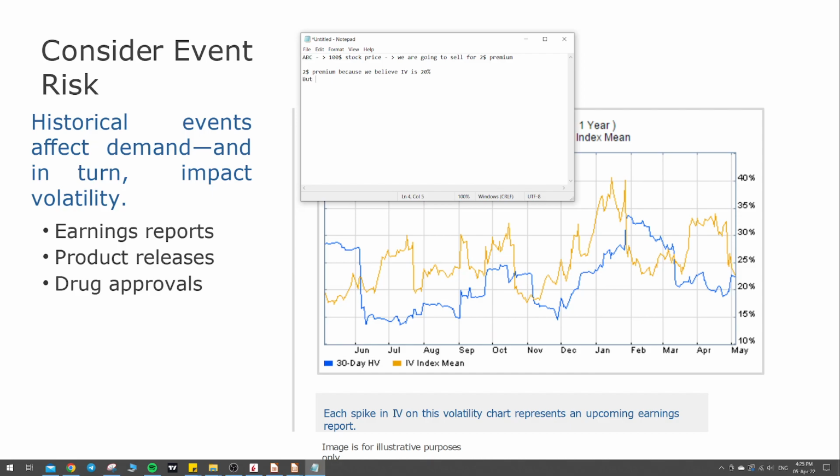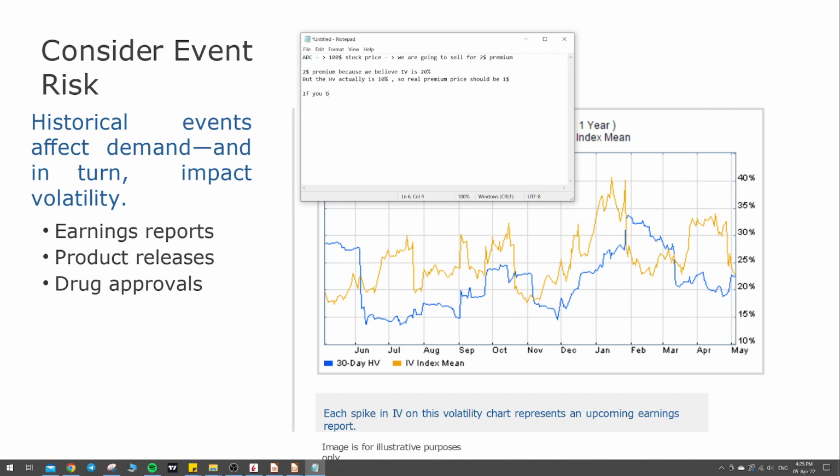But the AV actually is 10%. So the real premium price should be $1. So what does it mean?